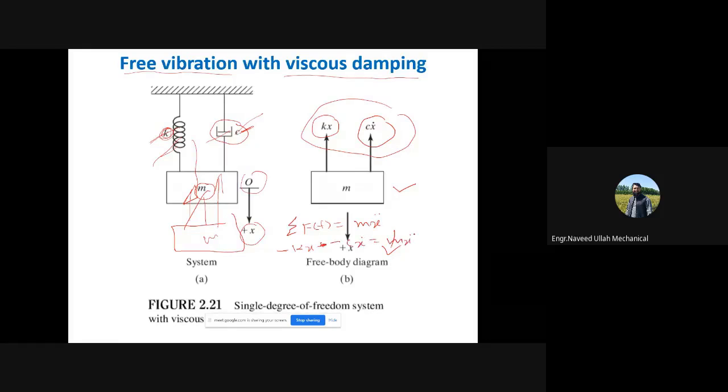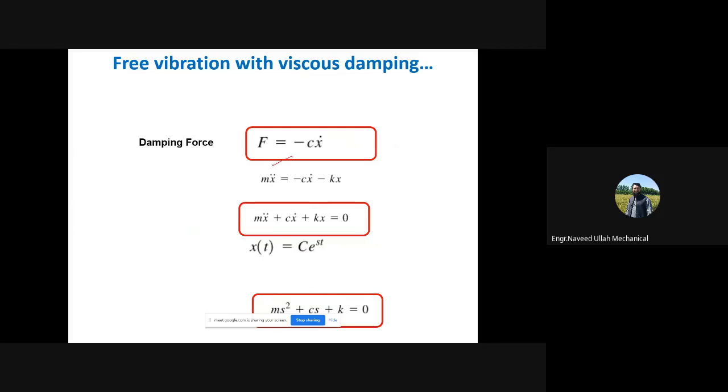If you arrange them, we have m x double dot plus c x dot plus kx equal to 0. This is the governing equation for the spring, mass and damper system. This is a second order ordinary differential equation, but now we have this term c. So damping is present here, this is the damping force.